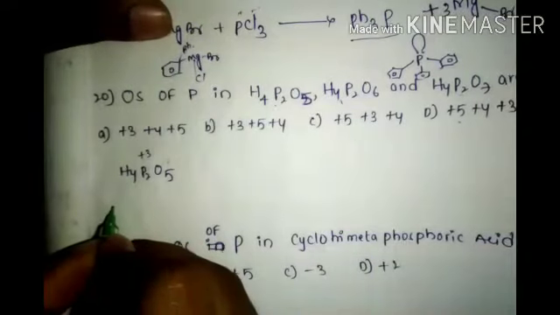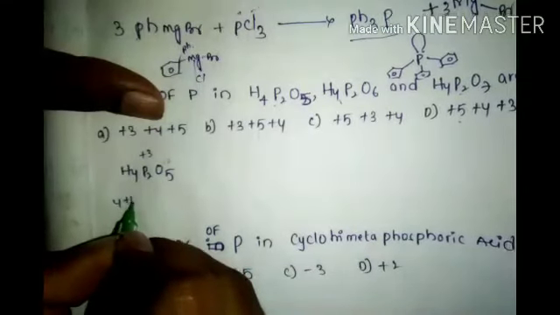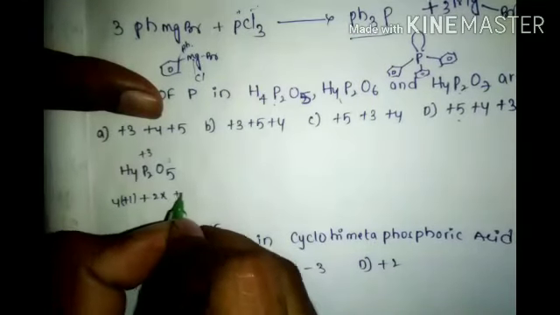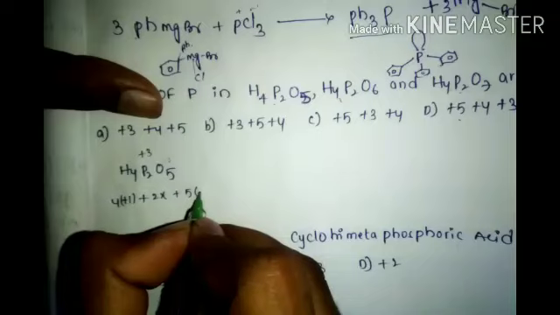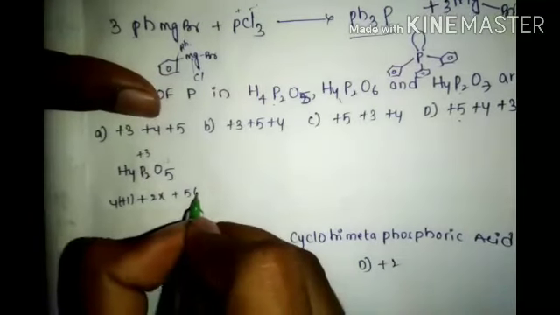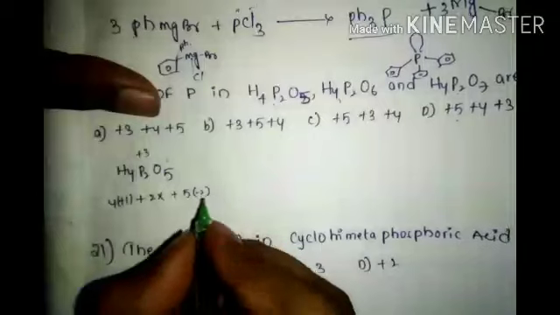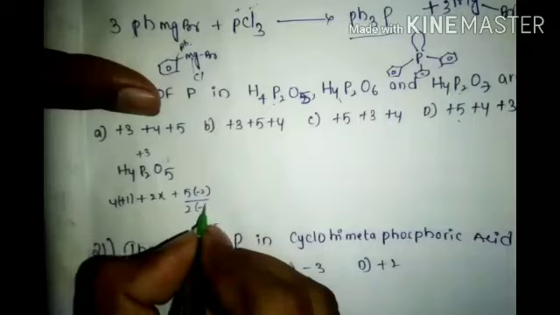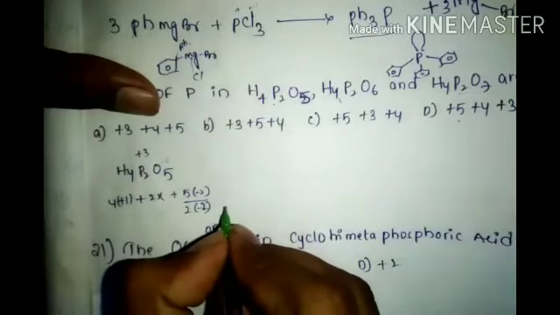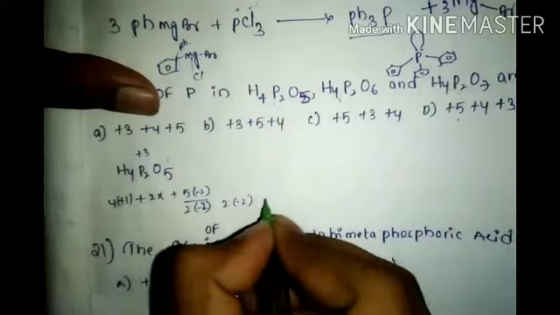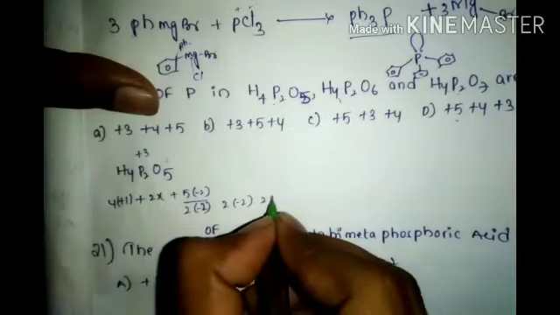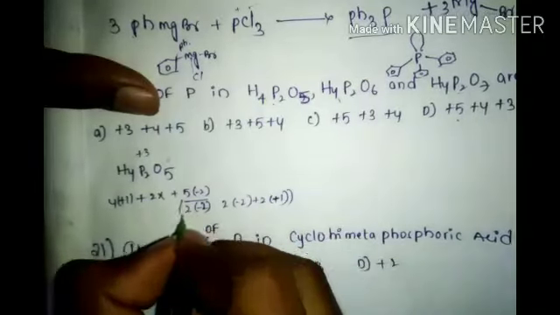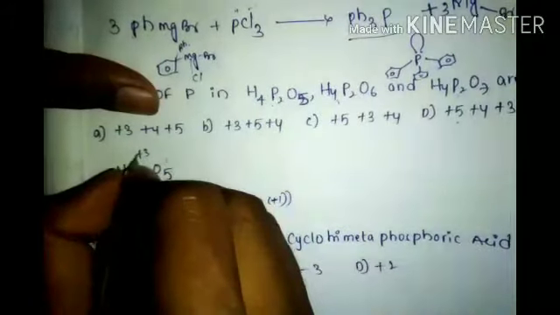4 plus 1, plus 2x, plus 5 minus 2. Solve combinedly, and plus 3 will come.